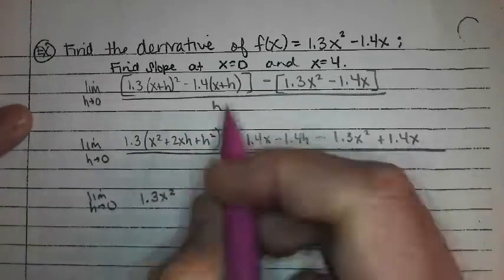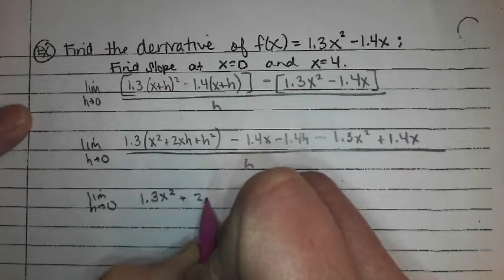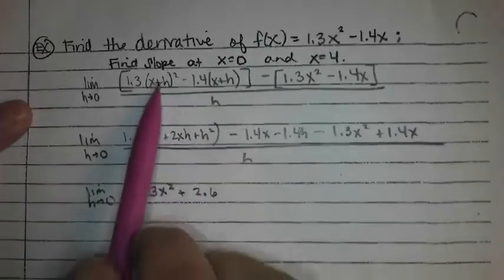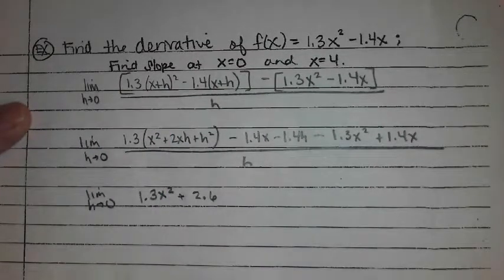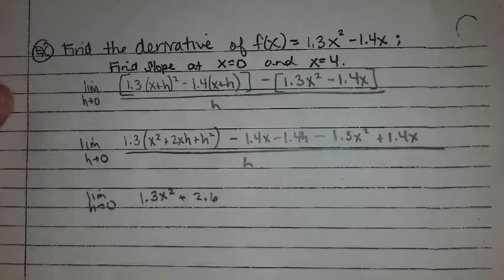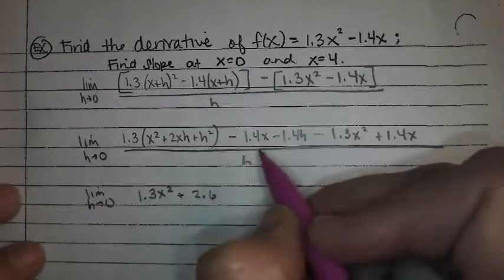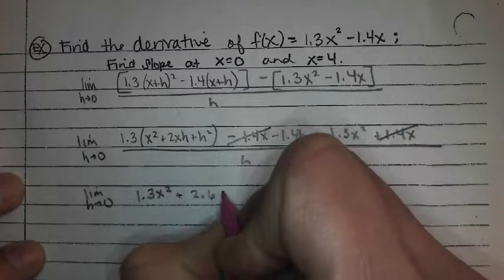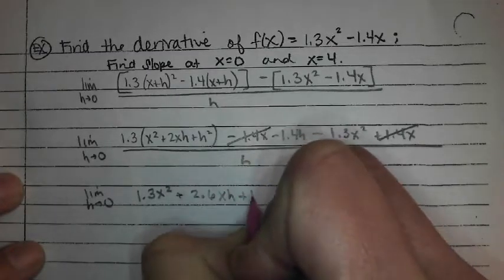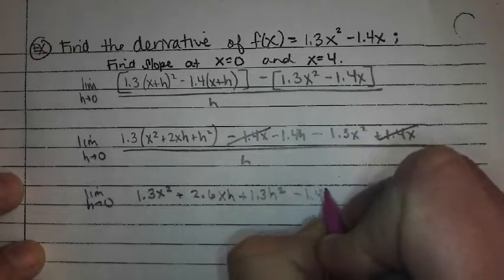I've got to tell you one of my pet peeves. You can raise your hand and tell me if you did it. How many of you squared out the x plus h and distributed your 1.3 all in one step? Ugh! I know you can do it. It sort of drives me nuts. It's not wrong, but sometimes I find it very hard to follow when I'm trying to read.